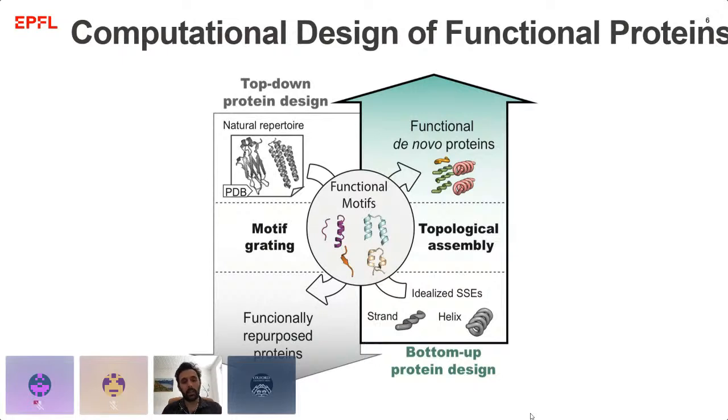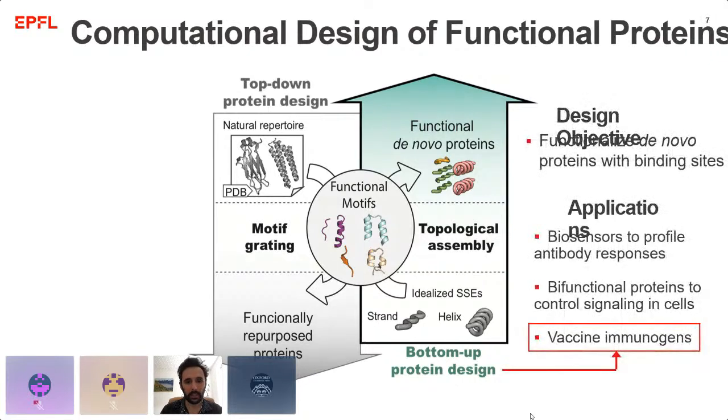On the right side, you have a bottom-up protein design approach, where you start from building proteins just with structural domains like helices and strands, and then you assemble topologies which can embed these functional motifs, and ultimately what you end up with, as you see at the top of the diagram, are what we call functional de novo proteins.